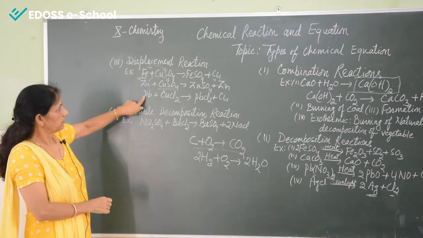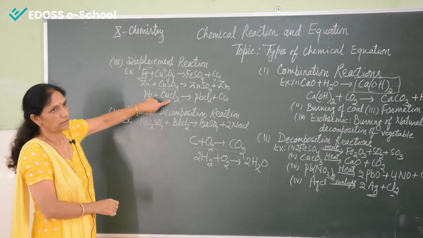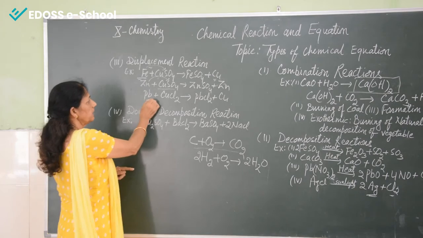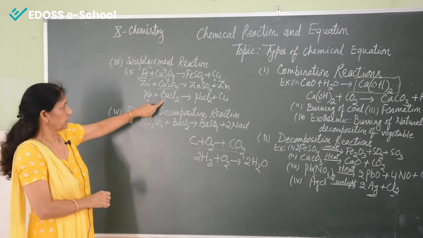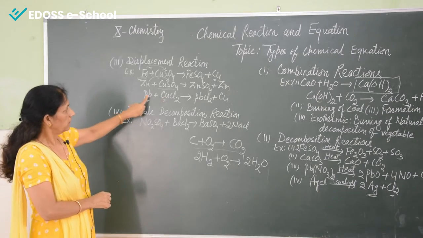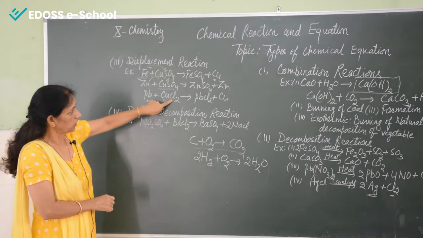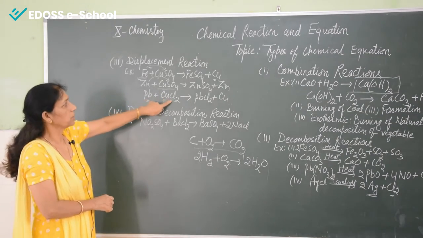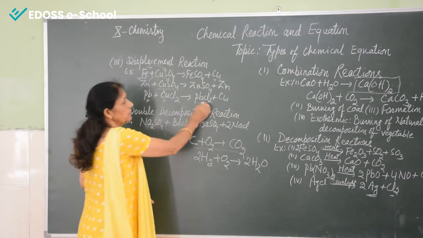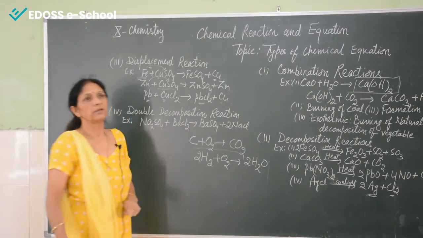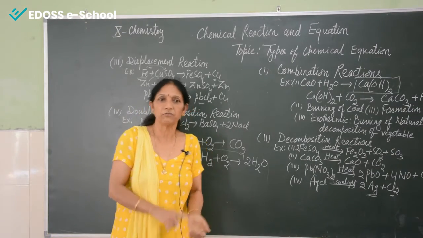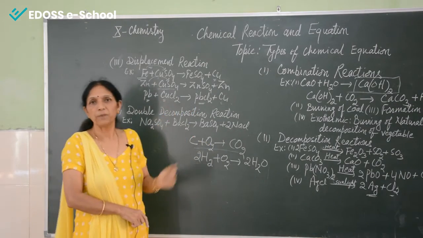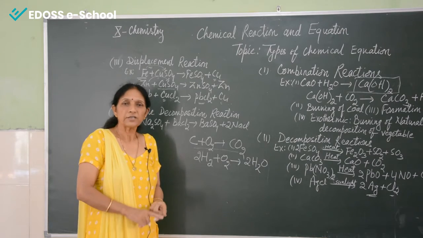In the same way, lead plus copper chloride. Among lead and copper, lead is more reactive than copper. So lead displaces copper from copper chloride, forming lead chloride, and copper is given out. Such a reaction is known as displacement reaction, where a more reactive metal displaces a less reactive metal from the salt.